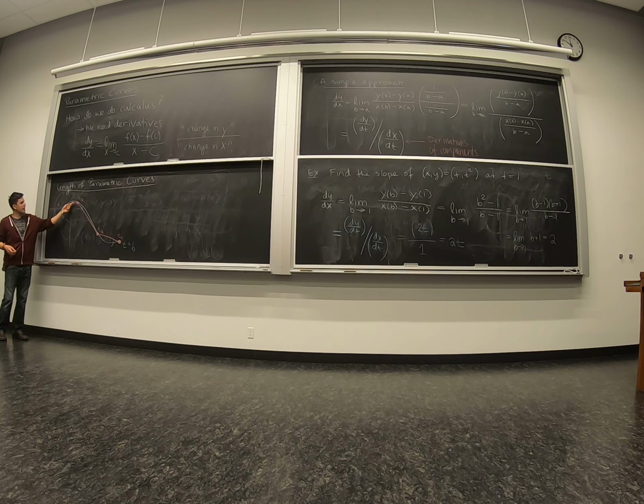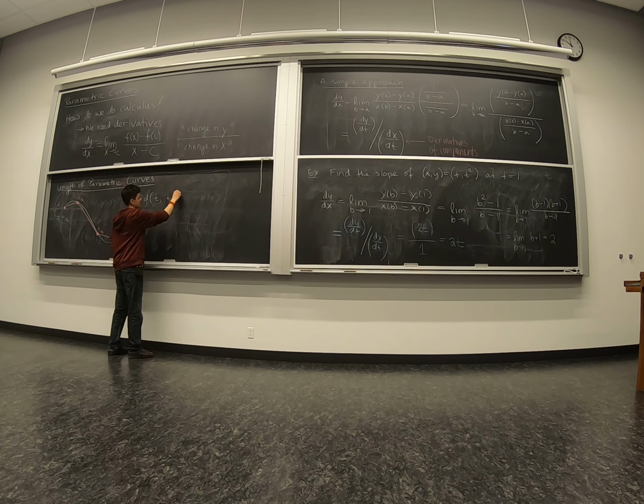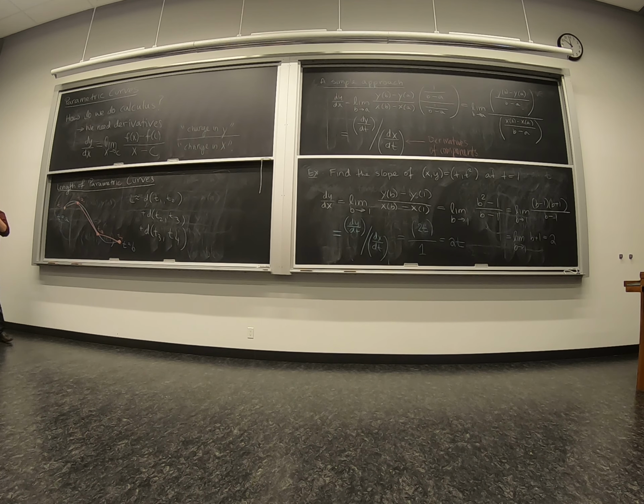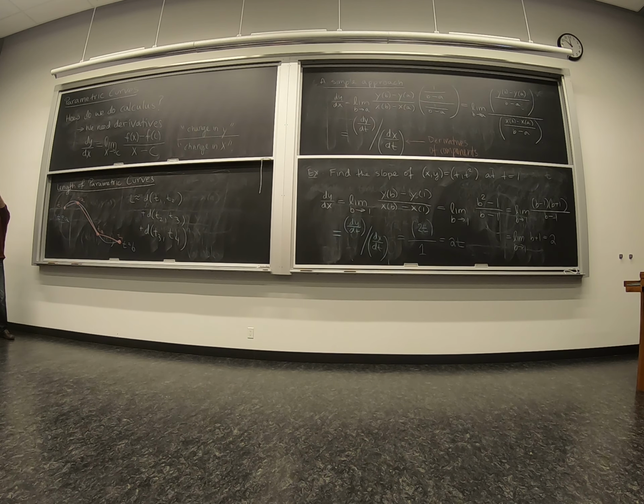And for each of these, we can calculate an approximation of the length. So the length of this is approximately the length from here to here, plus the length from here to here, plus the length from here to here.